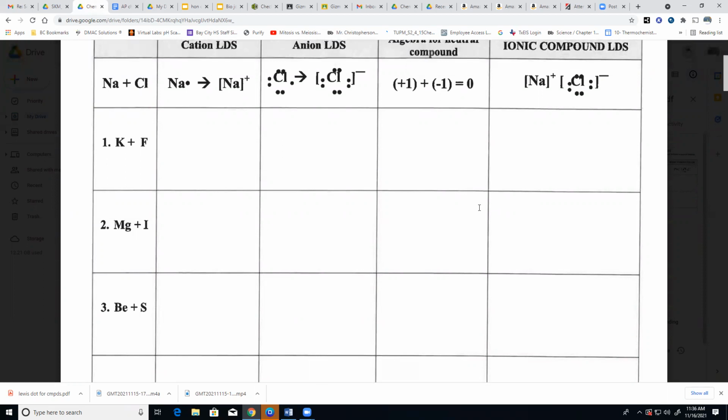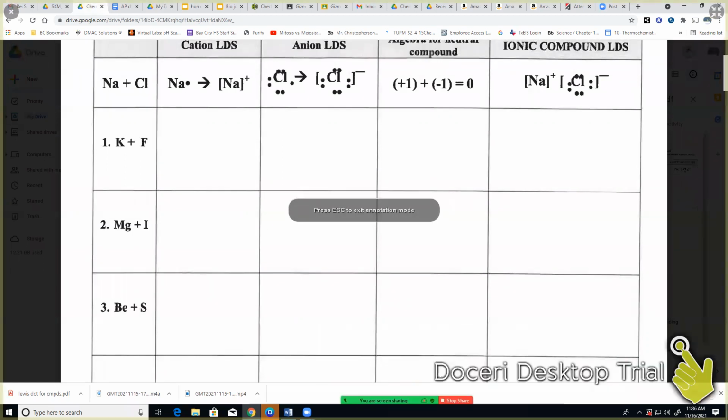If you notice, you're not given the formula. You're just given what two elements we're going to combine, so you have to figure out the formula. With covalent compounds, there may be more than one way that two elements come together. In ionic compounds, there's only one way they can come together because it has to be neutral overall.